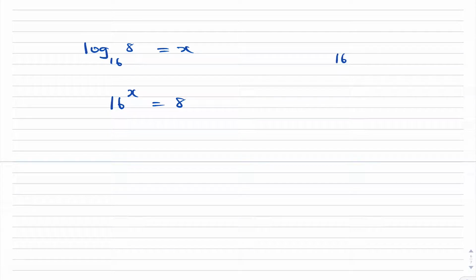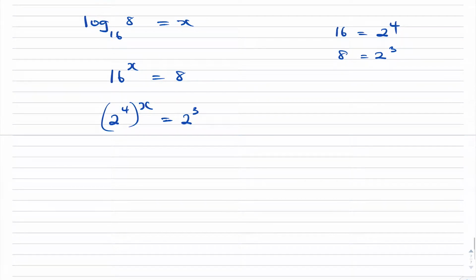But 16 is 2 to the power of 4, and 8 is 2 to the power of 3. So we could rewrite this expression as 2 to the power of 4, that's the 16, to the power of x equals 2 to the power of 3. Now we multiply the powers, so that will be 2 to the power of 4x equals 2 to the power of 3.